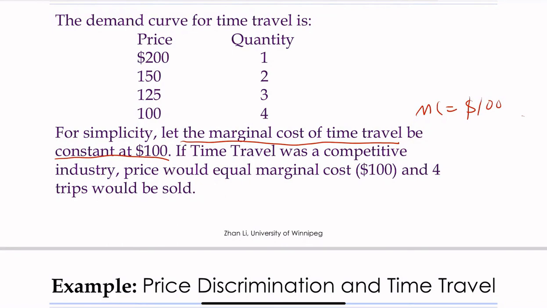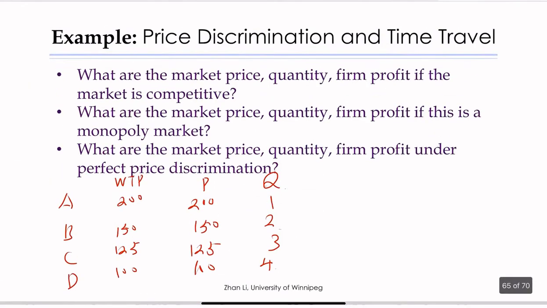Okay, great. Now, first, if the market is competitive, we know that for a competitive market, price should be the same as the marginal cost, right? So you can see that by the fact that the marginal cost is 100, we know that price has to be 100.